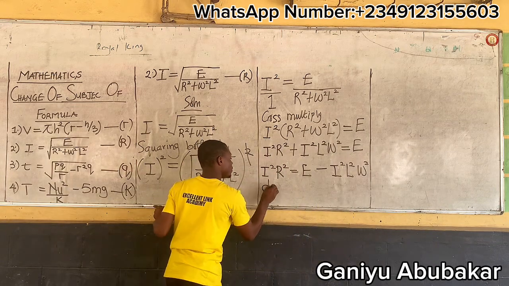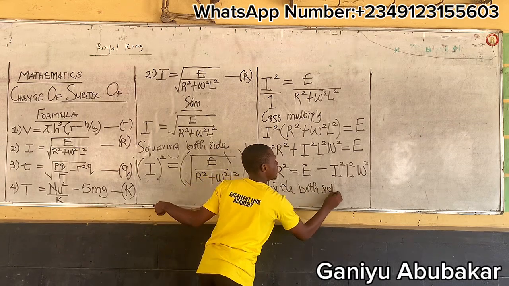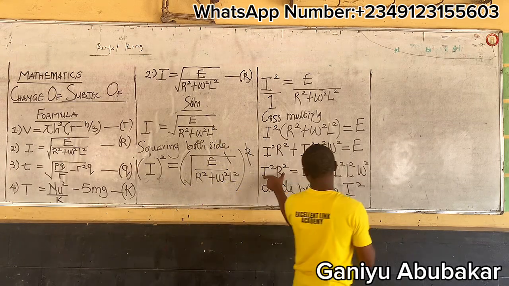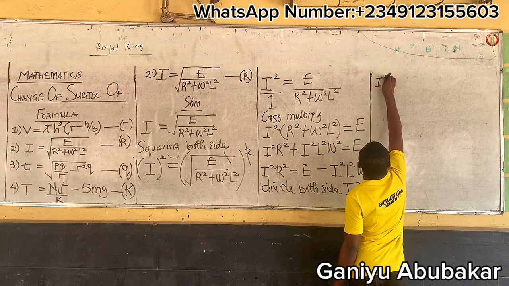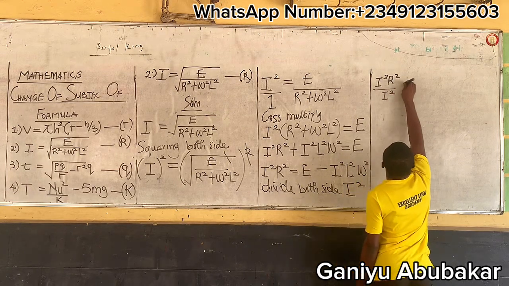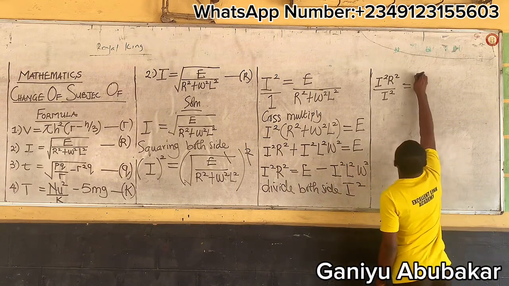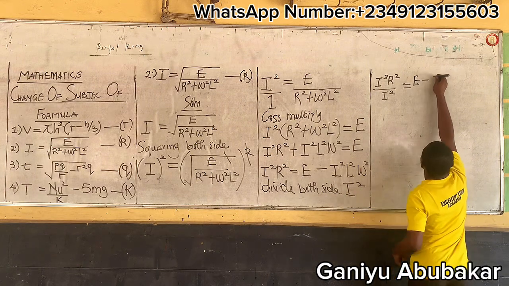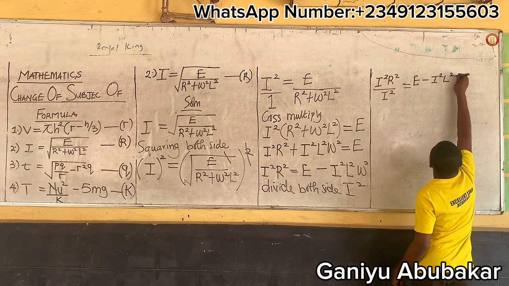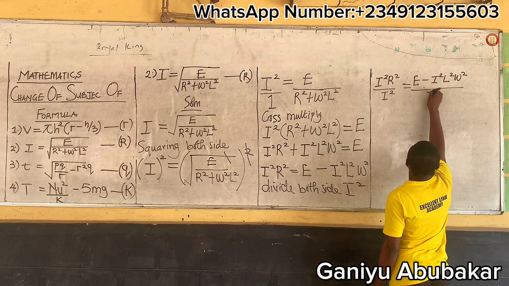I have this. I want to make R stand alone. I have to divide both sides by I squared. So I'll have I squared R squared over I squared is equal to this expression here, E minus I squared L squared W squared all over that same I squared.